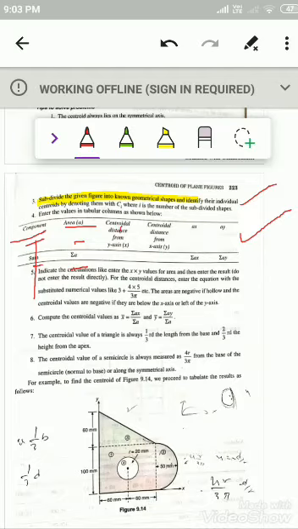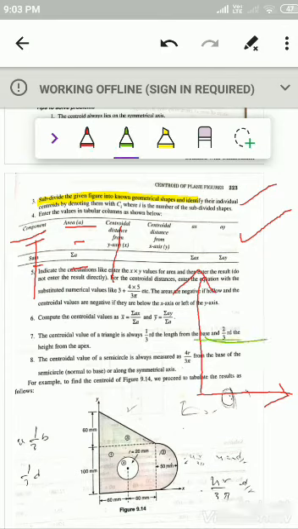Then the centroidal distance from y. Observe clearly: from the y axis, whatever distance you measure parallel to the x axis is x bar. With respect to the x axis, what you measure is y bar, and with respect to the y axis, what you measure is x bar.